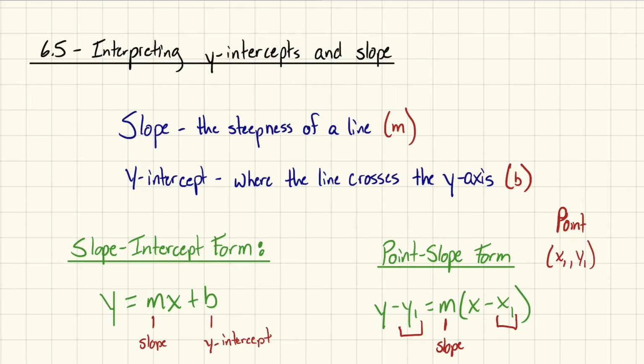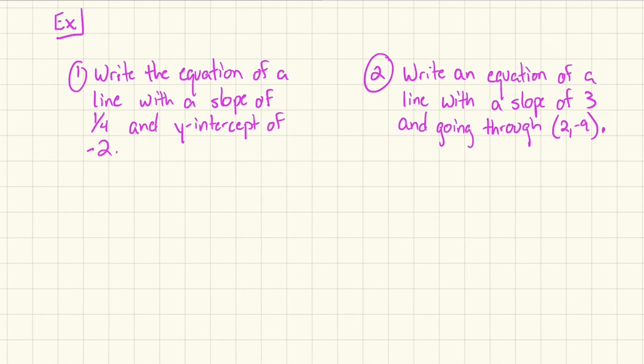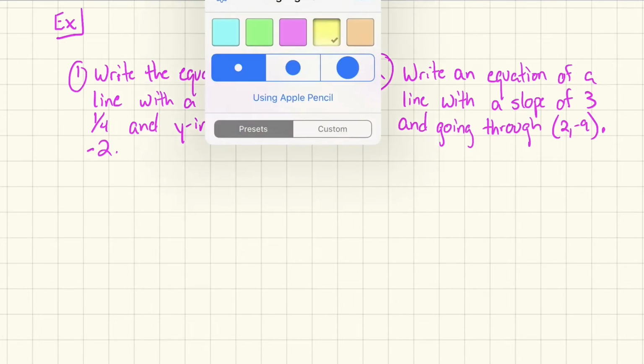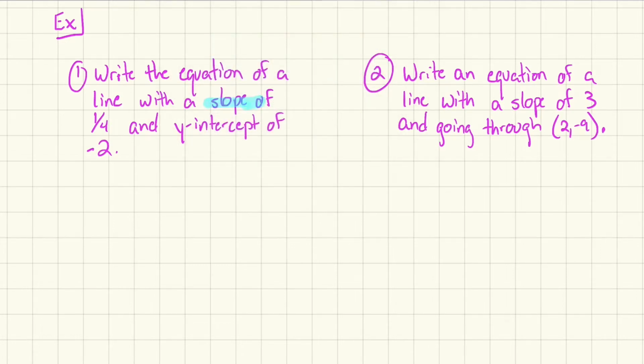So, let's start. Examples 1 and 2 say, write an equation of a line with a slope of 1/4 and a y-intercept of -2. There are a couple of key pieces of information here. One, we have a slope of 1/4, and secondly, we have a y-intercept of -2.